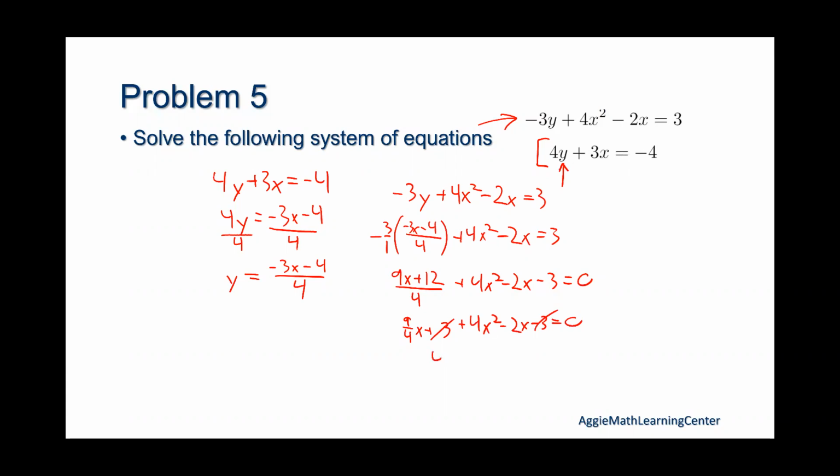Then we're left with 4x squared plus 9 over 4 x. Oh, I forgot, there's also this minus 2x. So 9 over 4 minus 2, all of that times x, equals 0.